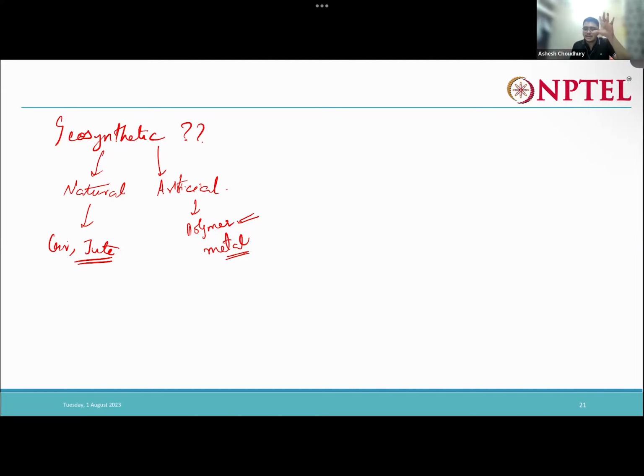Geotextile is a kind of geosynthetic, right? Previously, all geosynthetics were called geotextile, but that is not the case. We know that now, right? There are many types of geosynthetic material, and one of them is geotextile. The main international organization which looks into this is the International Geosynthetic Society, right?